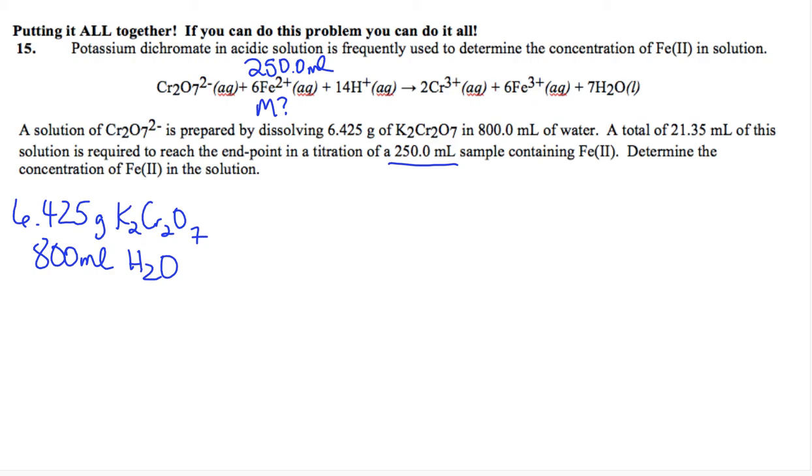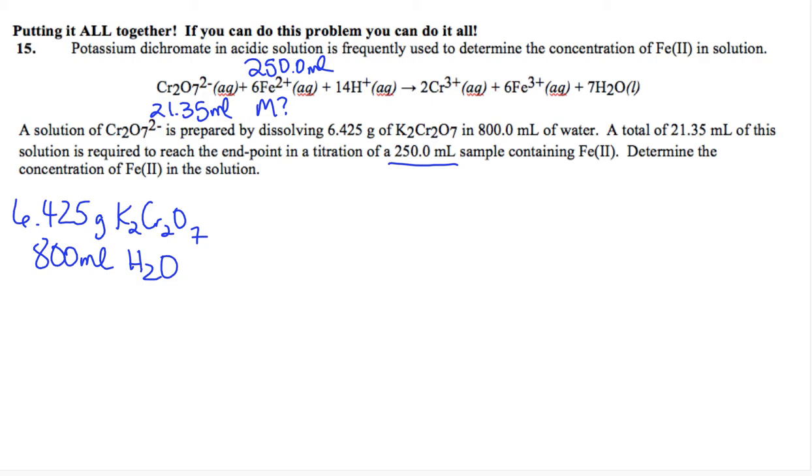So that's our unknown. At the end of the day, that's what we're trying to find information about. It also said that a total of 21.35 mL of the dichromate was used. So our dichromate is supposed to be our known.